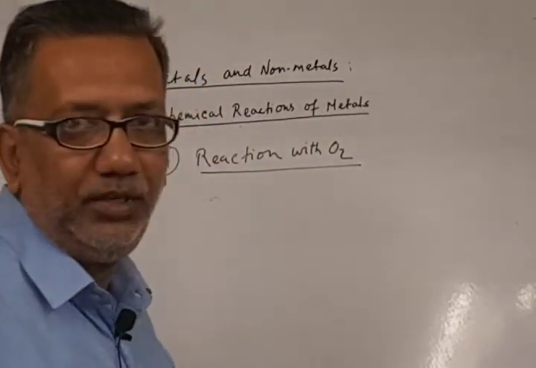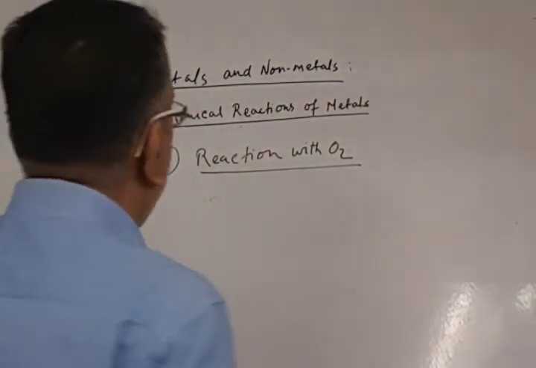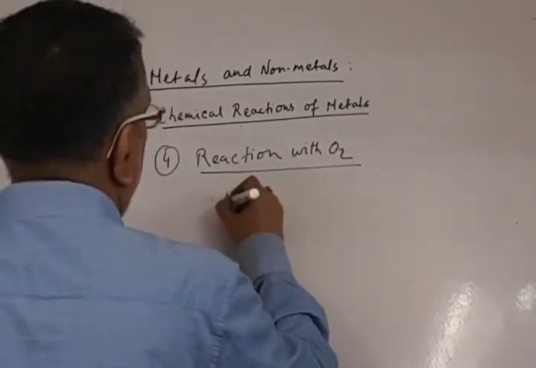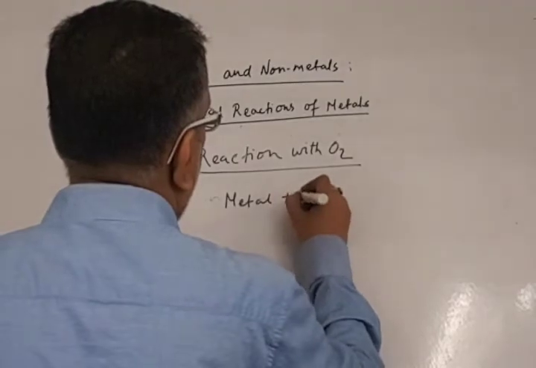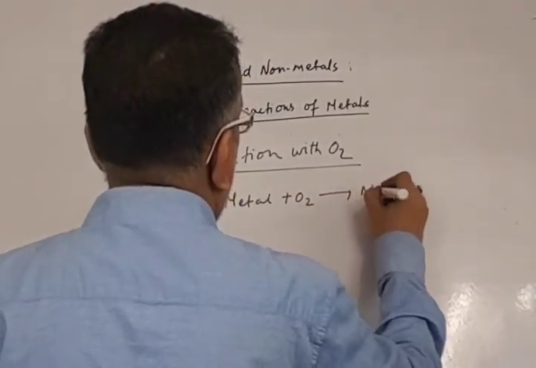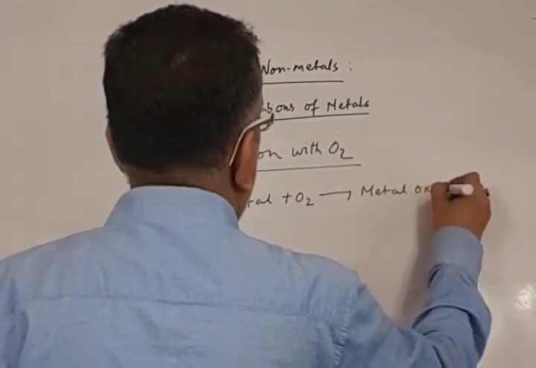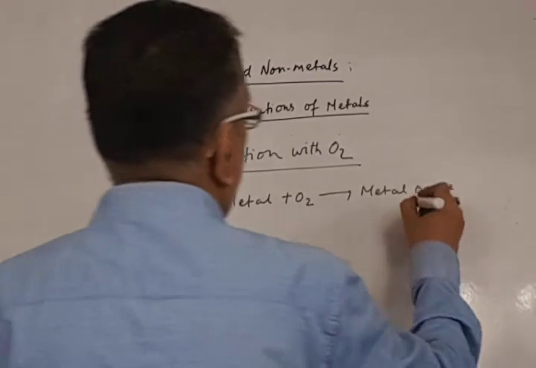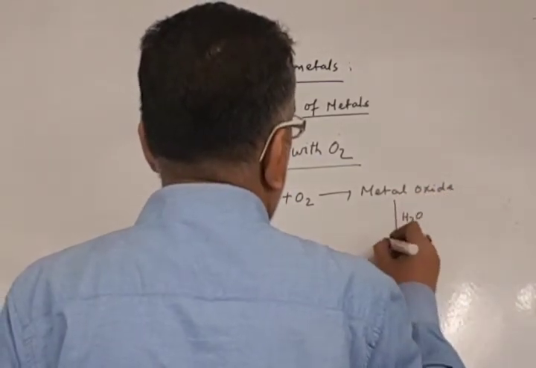You will find here that metal reacts with oxygen to produce metal oxide, which further reacts with water to produce metal hydroxide.